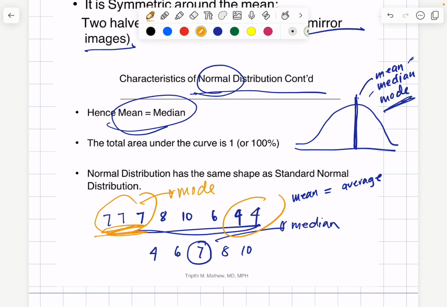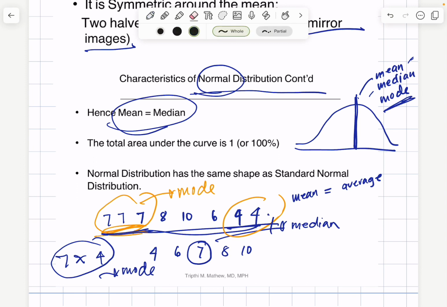Nganuman, siya may pinakadaghan nga gibalik-balik. But what if nga ang 4 na to is katulo po siya gibalik-balik? So ang mode na dayon na to ani kay 7 and 4. Kay parehas man sila ikatulo gibalik-balik. Pero kung dili sila parehas, let's say duha ra ka 4, so 7 ra ang atoang mode.